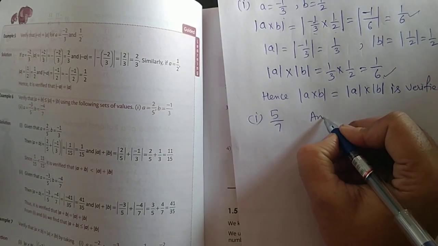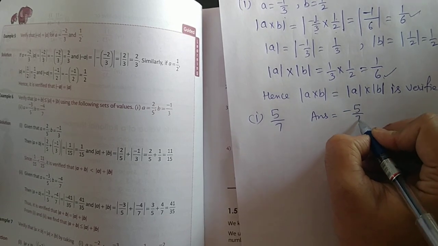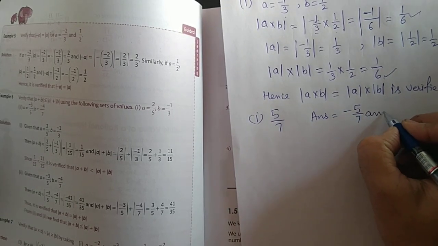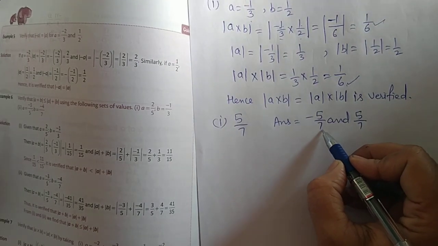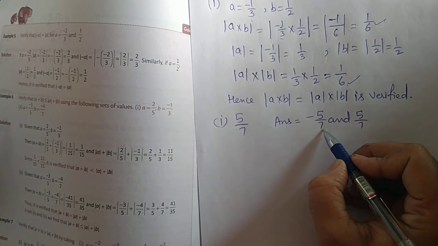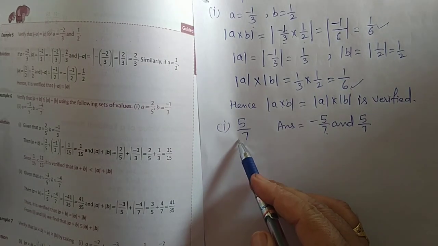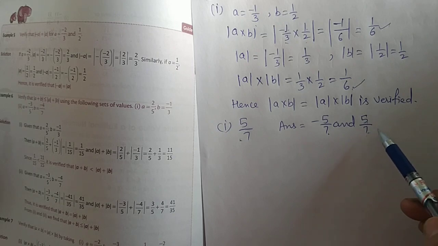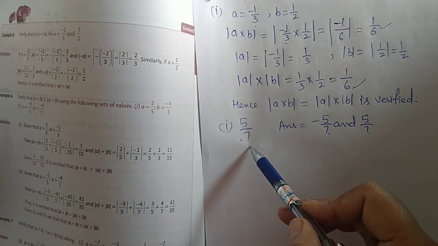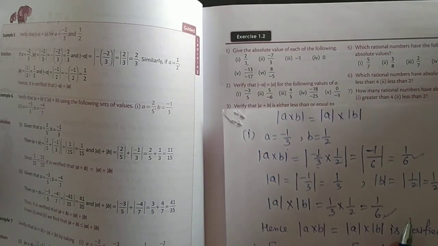So its answer will be minus 5 upon 7 and 5 upon 7. Because if you take minus 5 upon 7, the absolute value will be 5 upon 7. If you take positive 5 upon 7, then again its answer will be 5 upon 7.